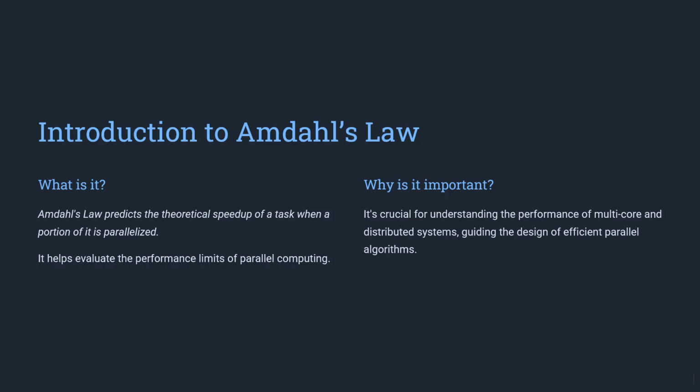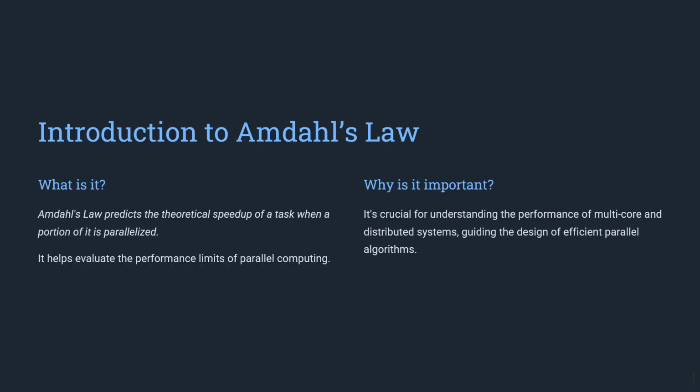It helps determine whether adding more processors or resources will significantly improve performance, preventing over investment in hardware. The third one is performance predictions. The fourth one is foundation for scalability analysis. And the fifth one is guidance for application design.